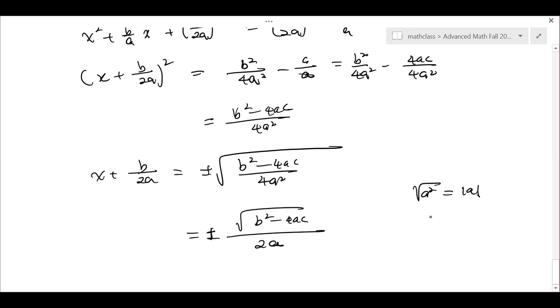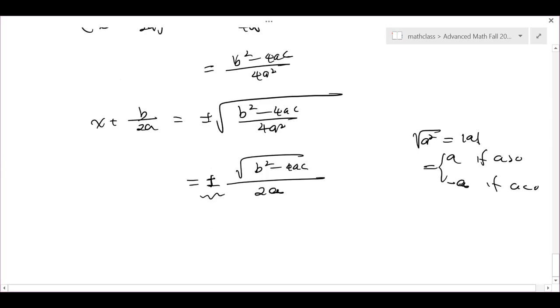This could be a if a is positive. If a is negative, you have to remove the negative sign, and in order to do that you put a negative sign in front of it, so that would be a positive number. Anyway, you get either plus or minus, but there's already a plus minus here, so you don't need to worry about it. Then finally you get negative b over 2a plus minus the square root of b squared minus 4ac over 2a.